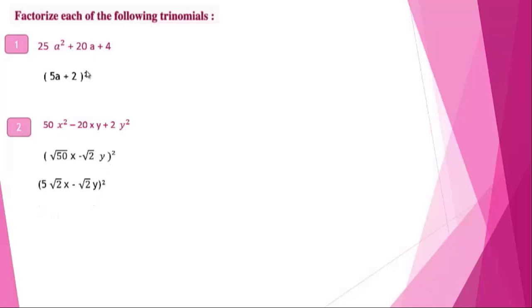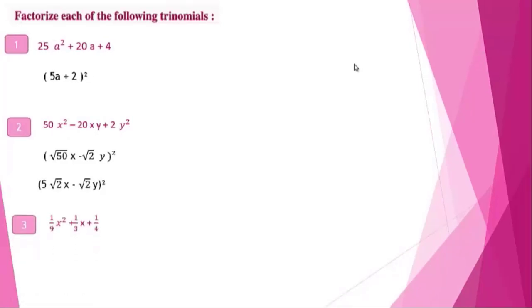After that, we open a bracket with the root of the first term, root of 50x, minus, because the sign of the middle term is minus, the root of the third term, to the power 2, and we simplify it: 5 root 2 of x minus root 2 of y.